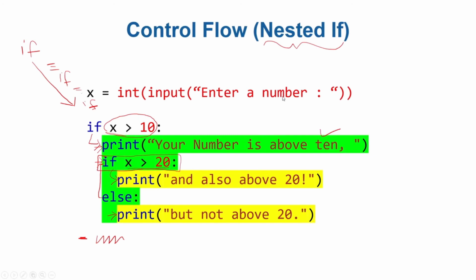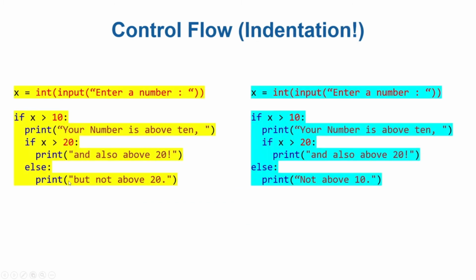One more thing that I have already told you, but let me tell you the power of indentation. You are here, for example, in this particular if condition. That's the if condition, and that's the nested if, and that's the else part of this if. If you move this else part in alignment with this if, then this is the else part of this if, and this is not the else part of that if.